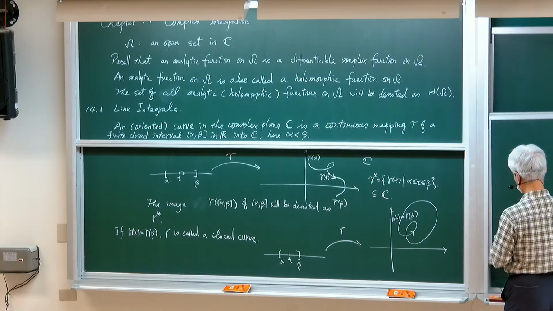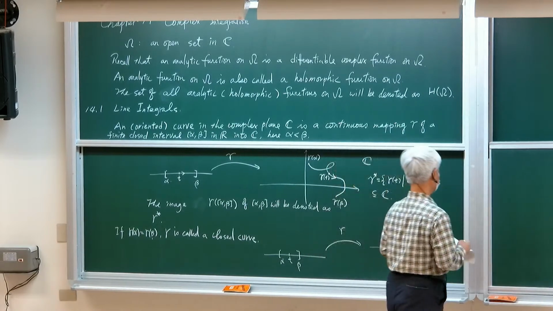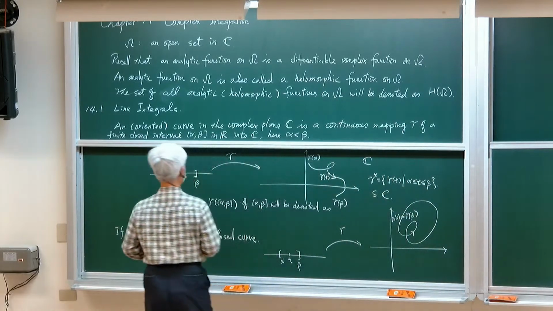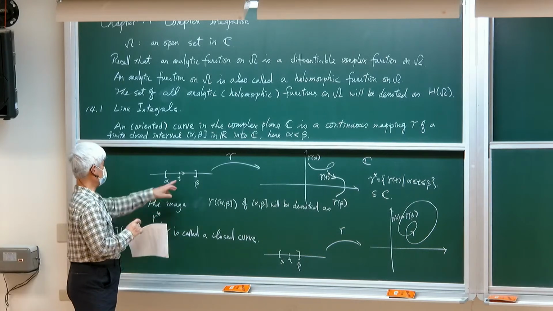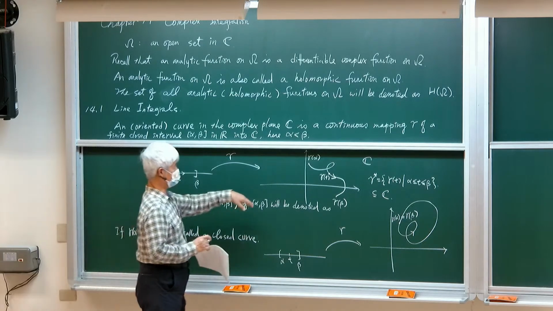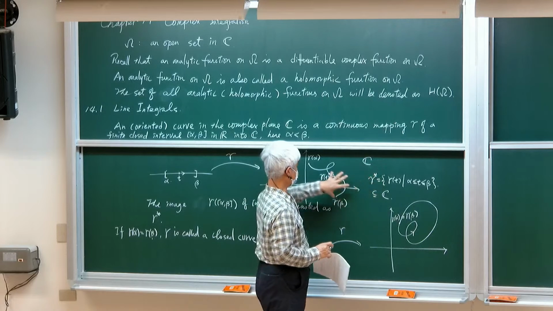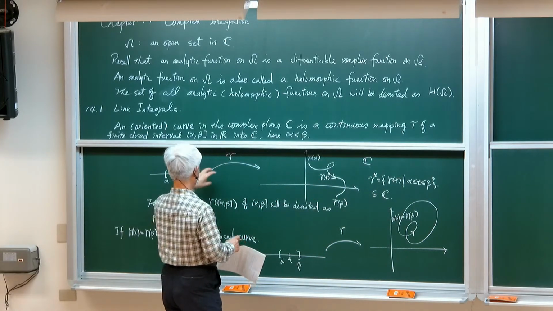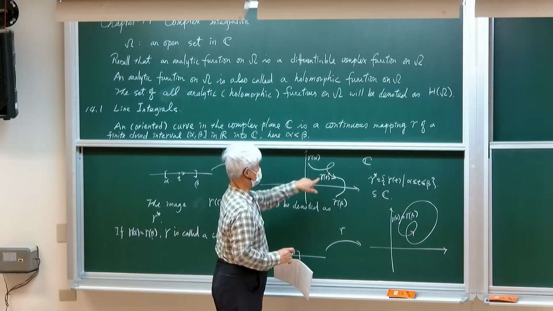And t will be called the parameter of the curve. Gamma star is the image, so we use the mapping to orient the image here.